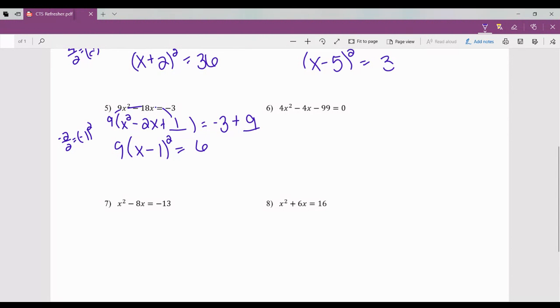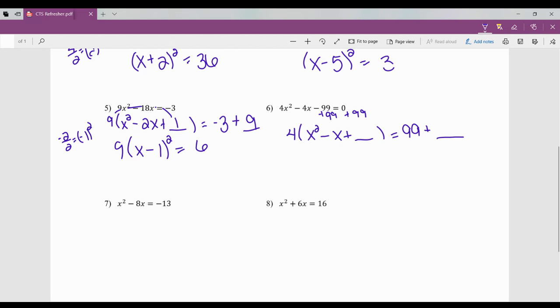All right. Next one, we've got a 4 in front of the x squared, so I can't divide everything by 4. So I'm going to add 99 over. And then I'm going to factor out that 4. So 4 times x squared minus x plus blank equals 99 plus blank.